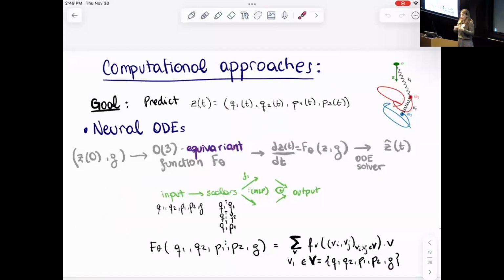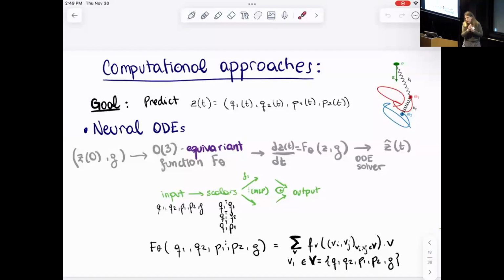A neural ODE is where you parameterize a differential equation that you learn from data. You integrate that differential equation using an ODE solver, and then you compare the predictions that you get from this differential equation with the data, and then you take a gradient step and update the parameters of the differential equation.